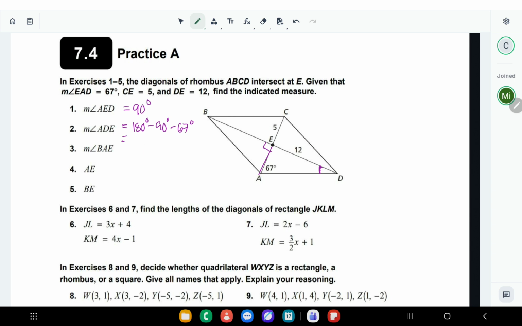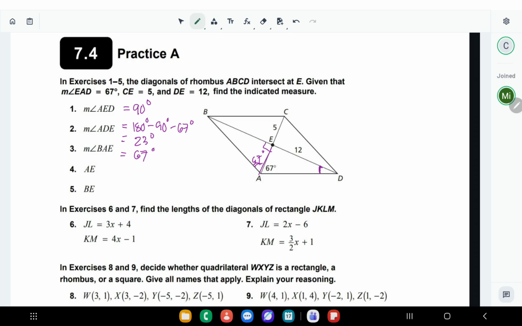What is that? Okay, so this is 23 degrees. The 67 here is only EAD. If it bisects, then this is also 67, right? Then the next one, angle BAE, is also 67 degrees.